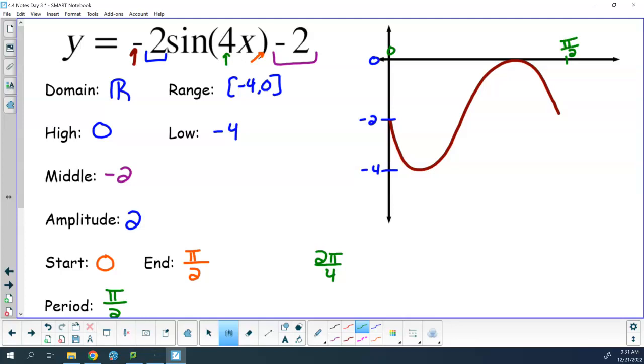Half of that would be pi over 4. Half of that would be pi over 8. Halfway between pi over 4 and pi over 2 is 3 pi over 8.